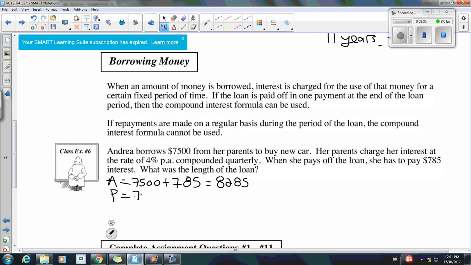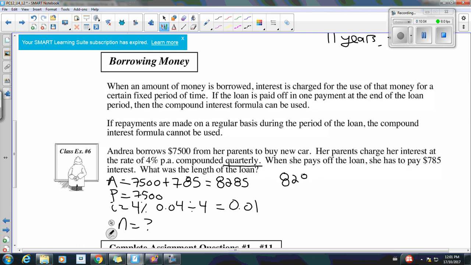The principal is the initial amount she took out, so $7,500. The interest rate is 4%, so it's 0.04 divided by 4, since it's compounded quarterly. So our i in our equation is going to be 0.01, and n is what we're looking for.